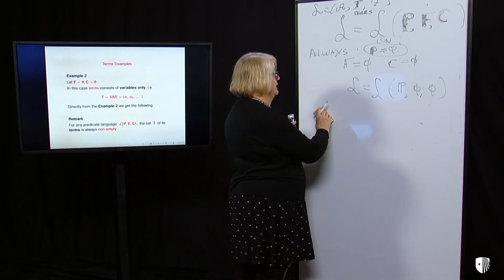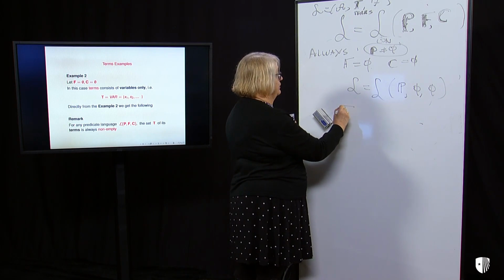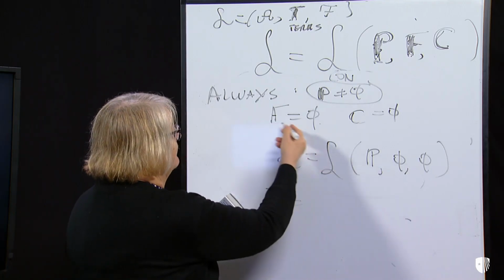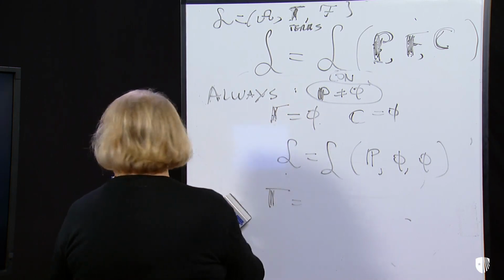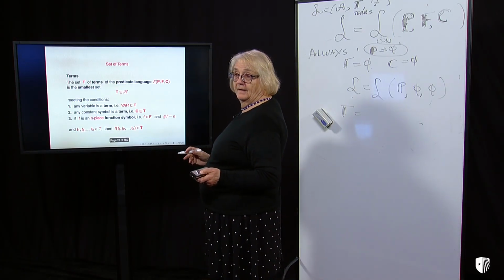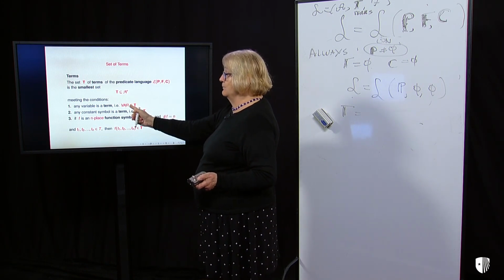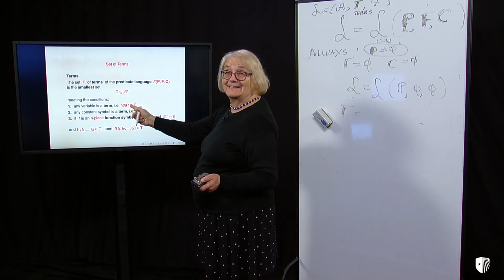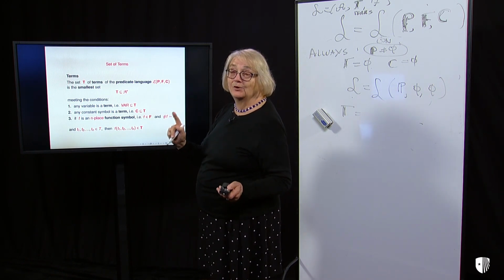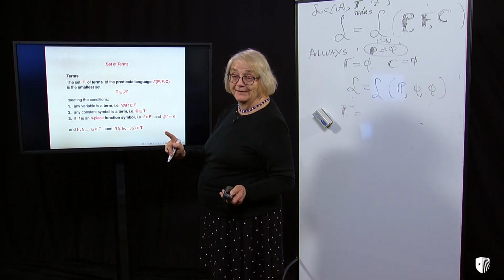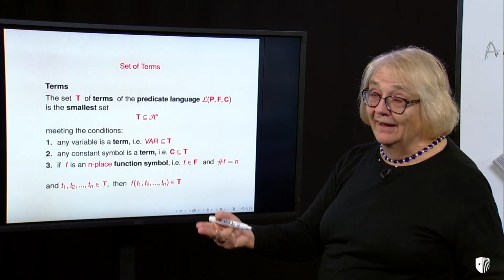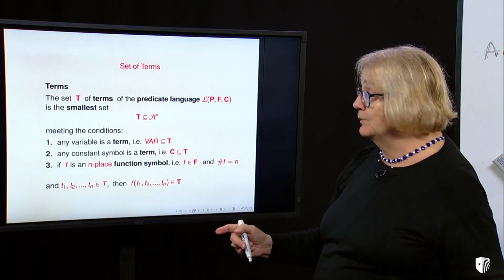The terms, by definition, of this language would be just variables, since there are no functions. All variables are terms. So you can see the set of terms is always non-empty, and countably infinite because we have infinitely many variables.